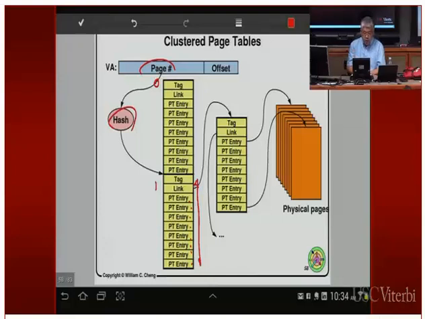Starting with one base address, the tag right here, the next 8 pages are all summarized here. So if you have a match with this address plus any of the next 7 addresses, you can use one of the page table entries here. Therefore, on average, the length of the conflict resolution chain is going to be relatively small.